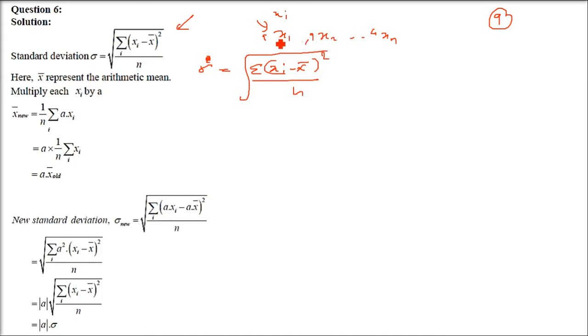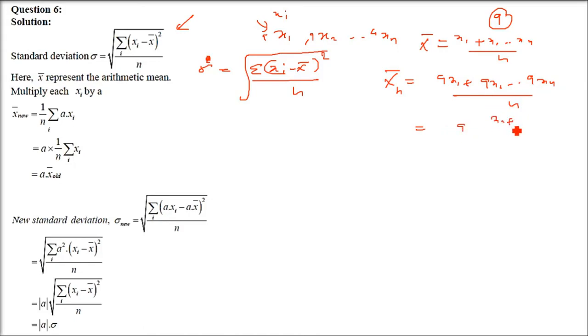Now we have multiplied each element by a. So what about the new mean? The initial mean, x bar, is simply sigma x by n. The original mean will be x1 till xn divided by n. But here for the new mean, every element is multiplied by a, so you can take a as a constant.